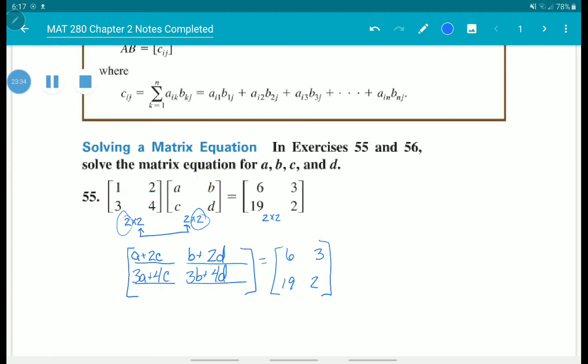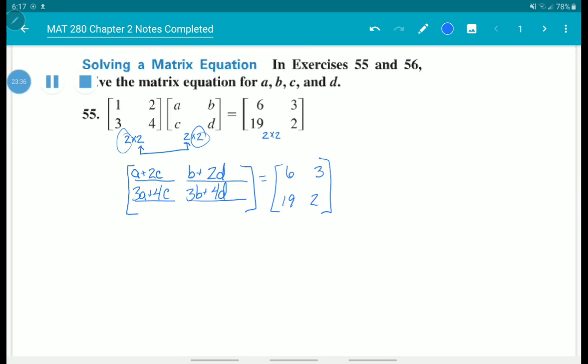So now we have a system. The only way these matrices are going to be equal is if what's in the top left-hand corner on the left matrix equals the top left-hand corner on the right. So we have A plus 2C has to equal 6. That's the only way that's going to work. Same thing here. This guy has to equal that guy. It's the only way these two could be equal.